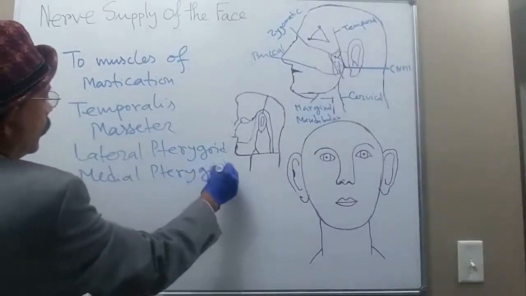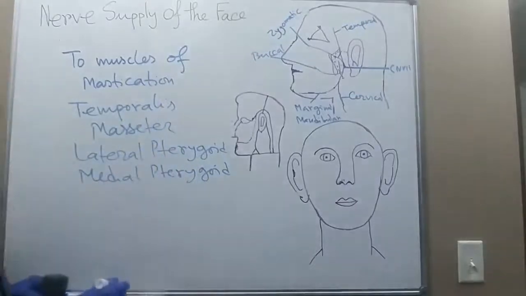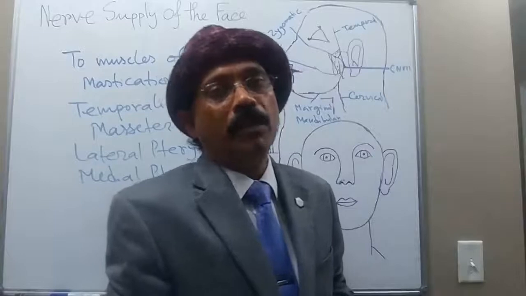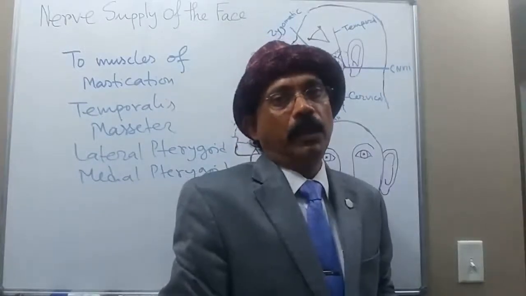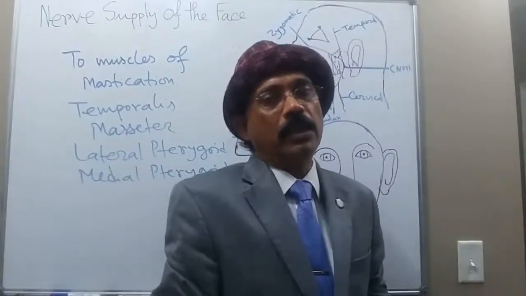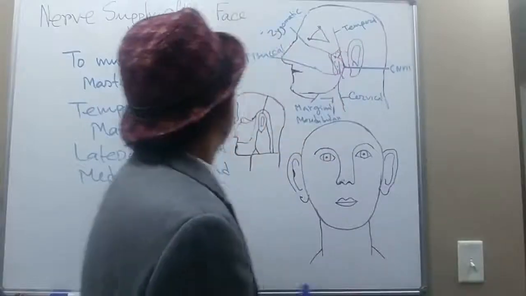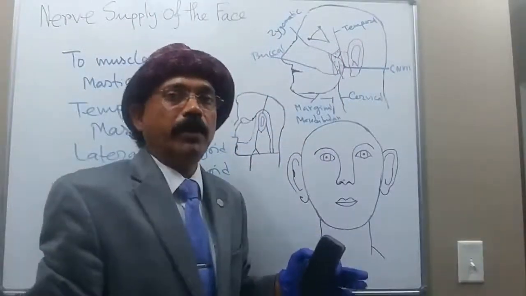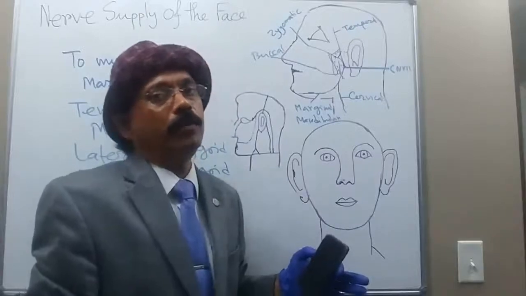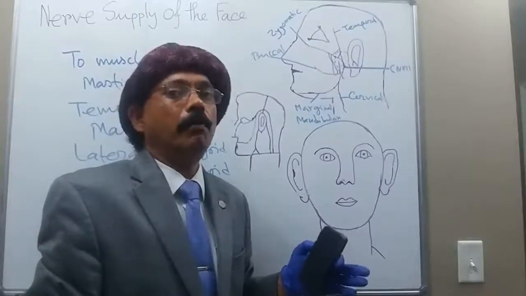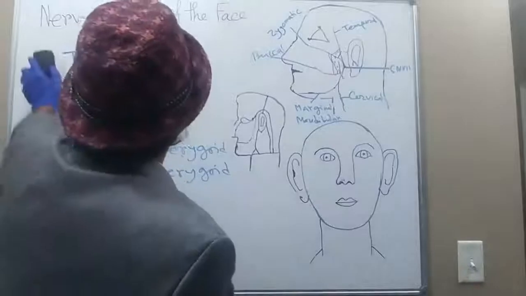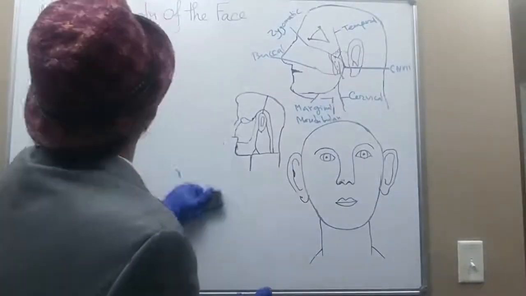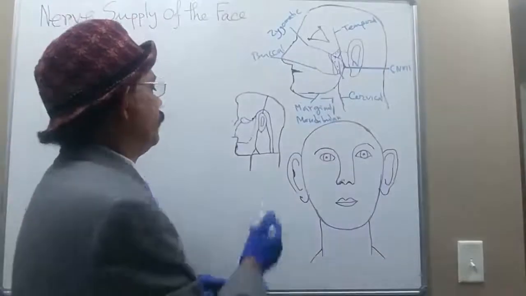These muscles of mastication are innervated by the mandibular nerve, a branch of the trigeminal nerve. So muscles of facial expression are innervated by the facial nerve, and muscles of mastication are innervated by the mandibular nerve. Okay, we got the motor innervation of the face.